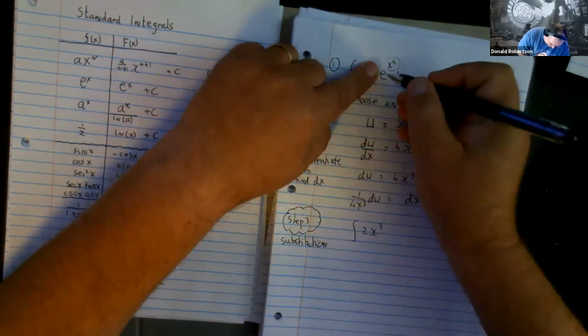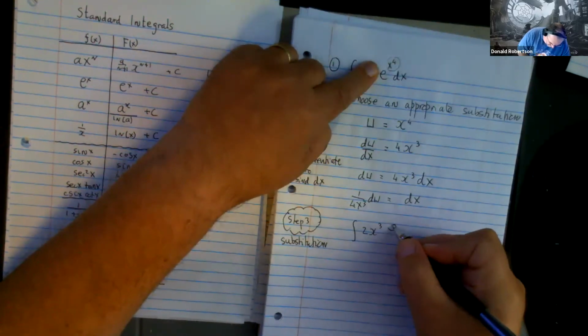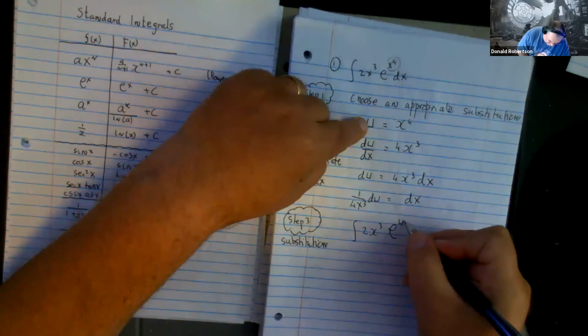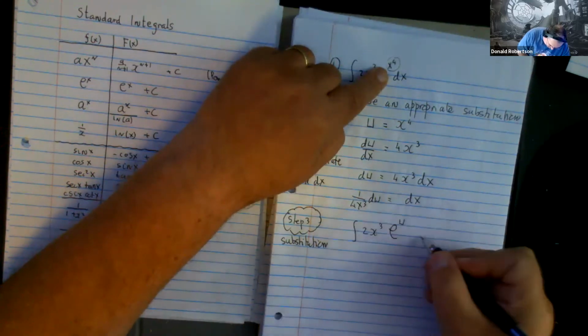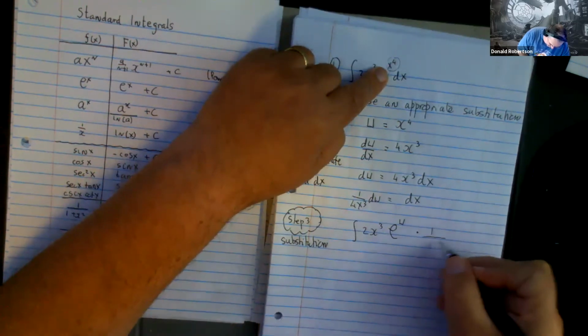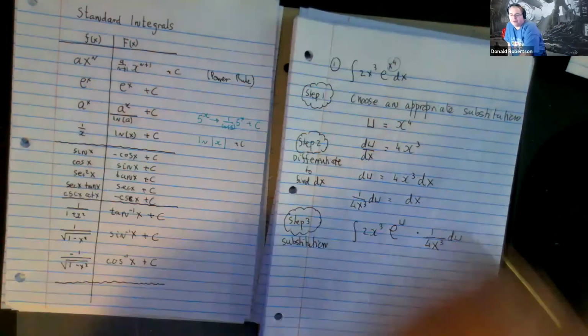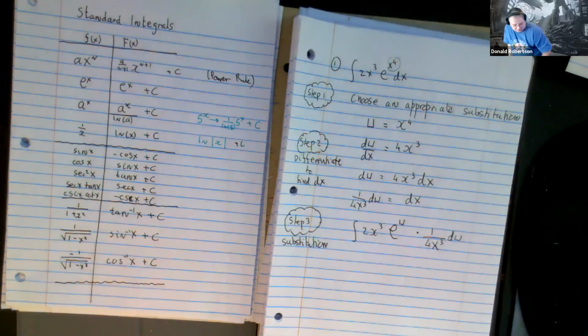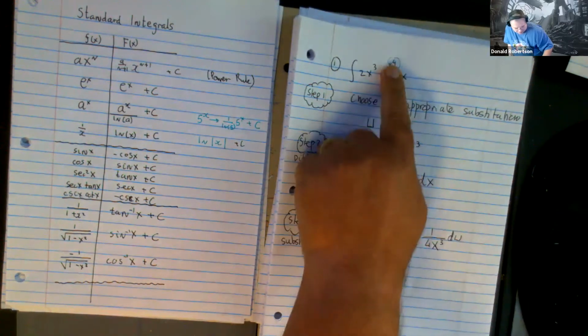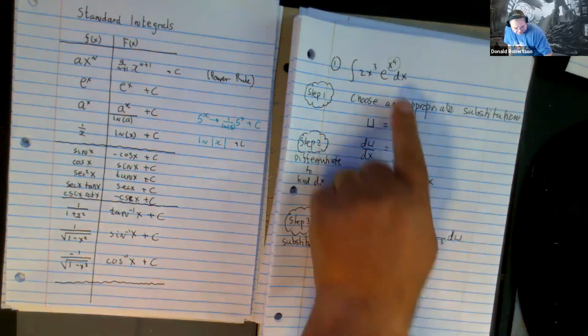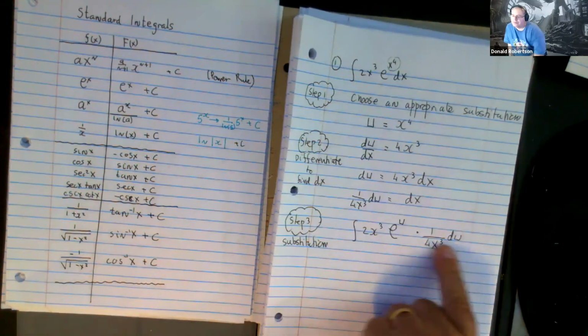The e to the x to the 4 becomes the e to the u, and the dx becomes this stuff. Do you see what I've done there is I've substituted the x to the 4 with a u. I've substituted the dx with this stuff.